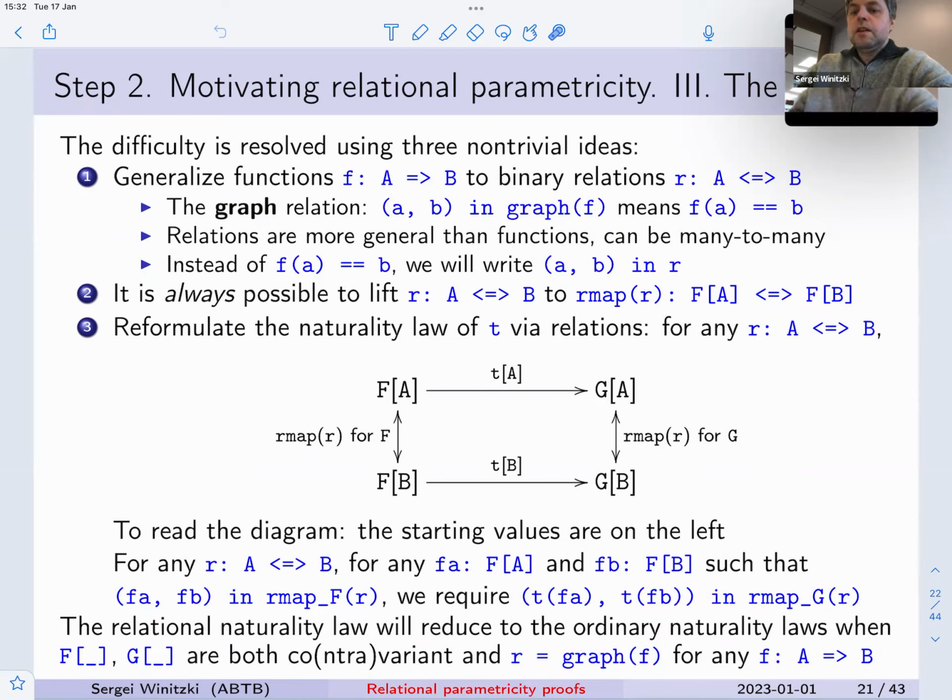So once we get to that point where we can write down a law satisfied by values t of any type whatsoever, not necessarily functions, not necessarily covariant, contravariant, that's where it will be much easier to prove this relational law, which we will have to generalize a little more, and then the proof will be not difficult.